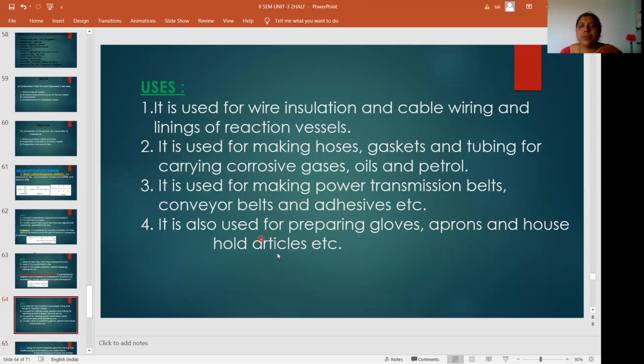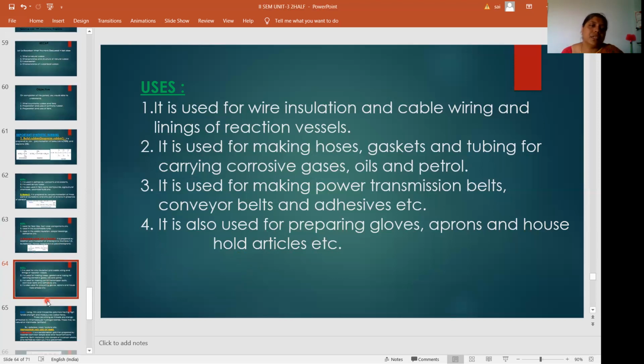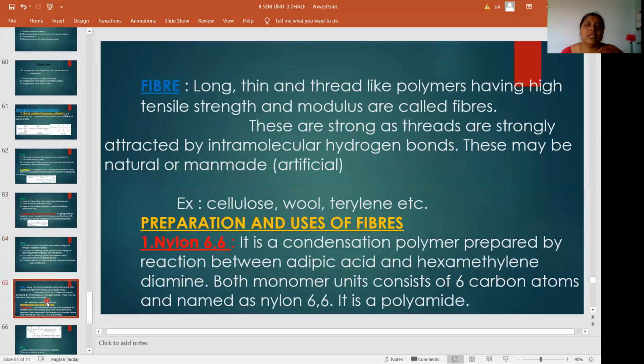Gloves, like hand gloves while playing cricket or while doing operations, are worn, no? Those gloves are also prepared from neoprene rubber. So these are the uses of rubber. So this is our preparation and uses of synthetic rubber.